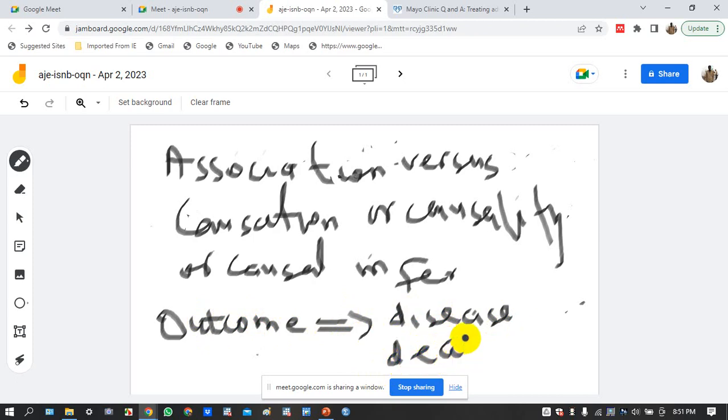What is the outcome? What is the end result? Did the patient die or not? The death is also called mortality. And the disease is called morbidity.